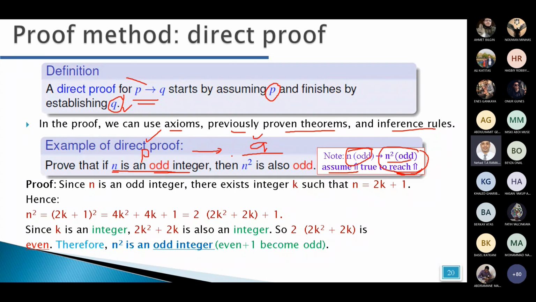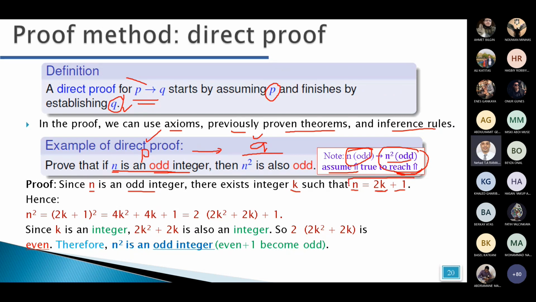Okay, let's start from the assumption. It's given to you that n is odd. So if n is an odd integer, then we can write n as 2k plus 1. If there exists an integer k and n is odd, then n equals 2k plus 1.